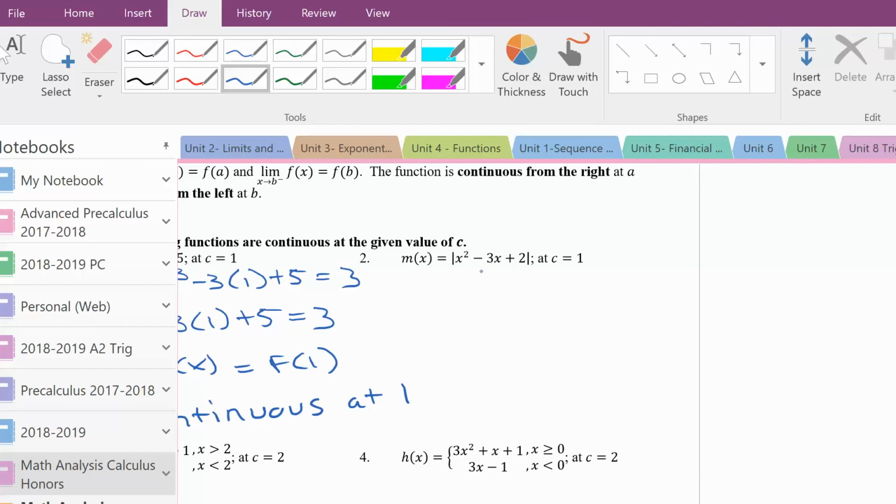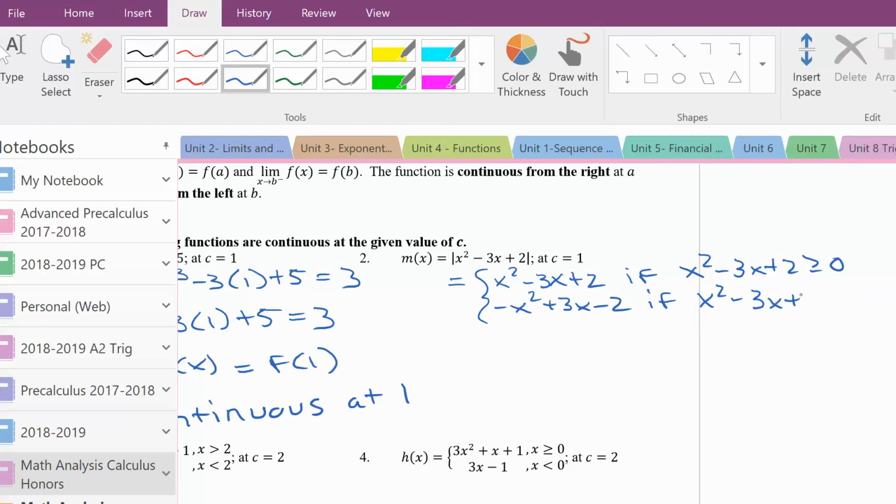This one is an absolute value, so it's a piecewise function. We're going to have to define the piecewise function. It's x squared minus 3x plus 2 if what's inside is greater than or equal to 0, and it's the opposite if x squared minus 3x plus 2 is less than 0.